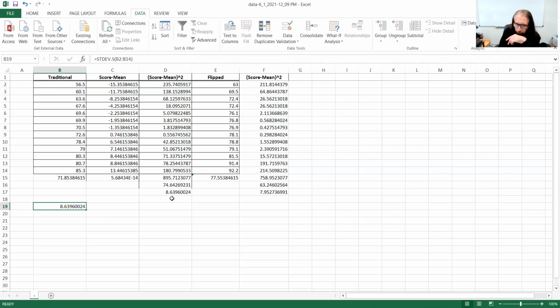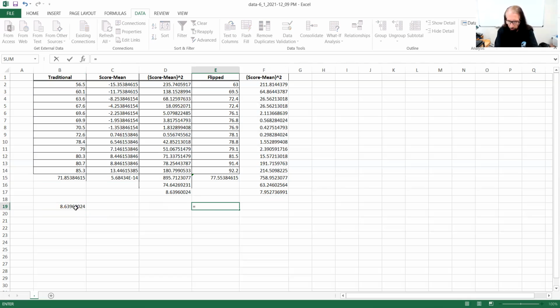And comparing to what I have over here, getting the same thing. So if I do the same thing for the flipped classroom, STDEV, period, S, parentheses, since I created those extra columns, E2 down to E15. And same thing here as well.